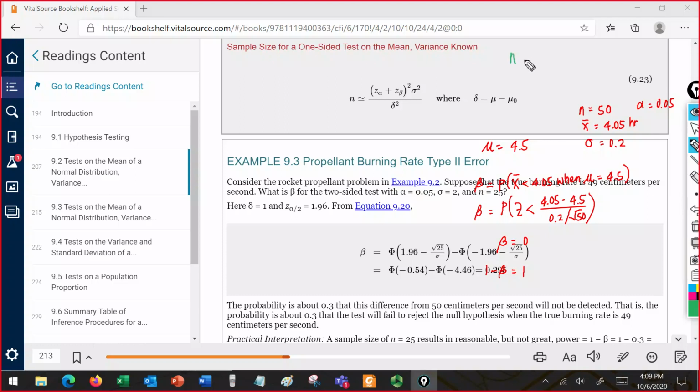So n is approximately z alpha plus z beta quantity squared times sigma squared all over delta squared. The answer here is always to be rounded up, where delta is mu minus mu 0. Just direct substitution.